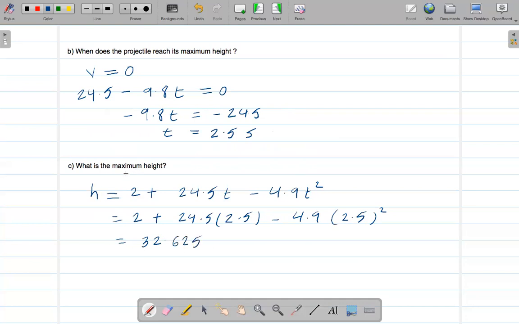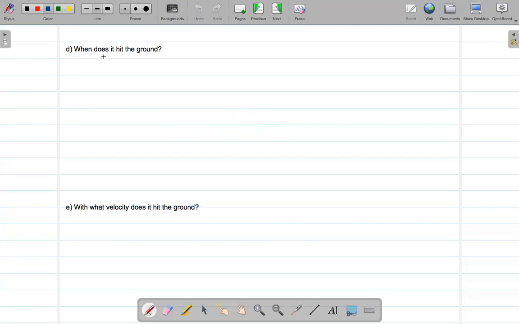Since we are working with the height, our unit here is going to be meters. This is not velocity, this is not acceleration, this is height, so height means it will be meters. Now after this, when does it hit the ground? What time does it take to hit the ground?